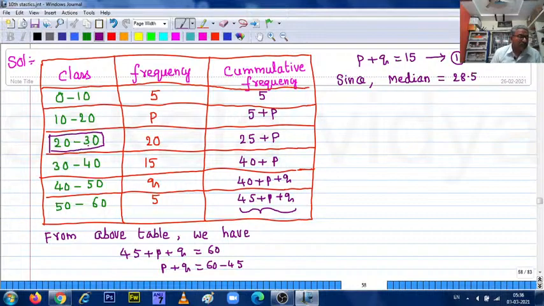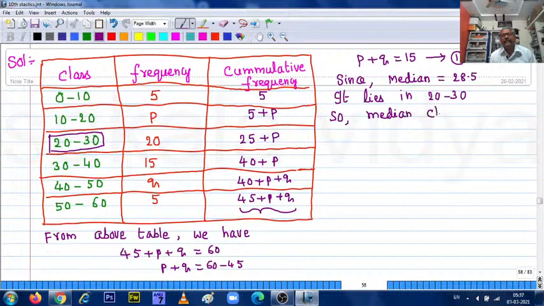Since the median is 28.5, it lies in 20 to 30. So that has been determined now, the median class.